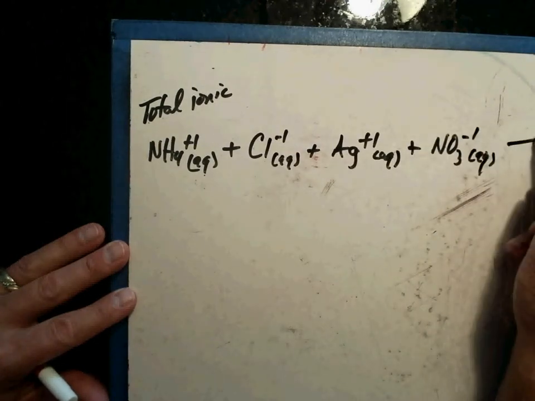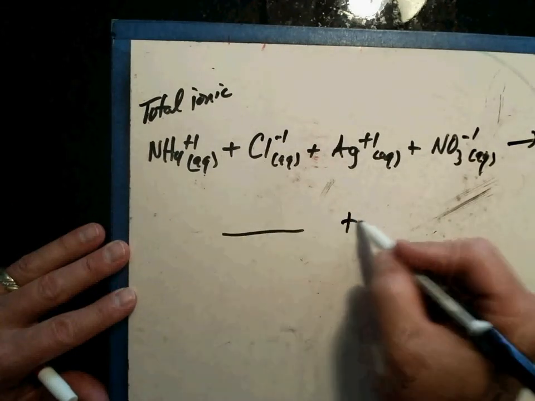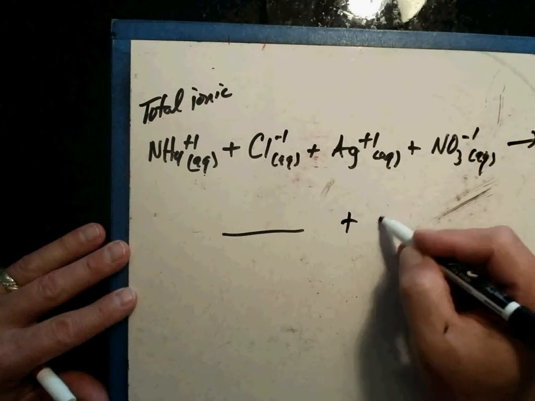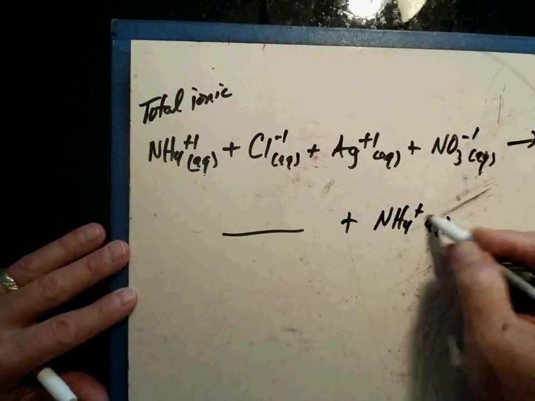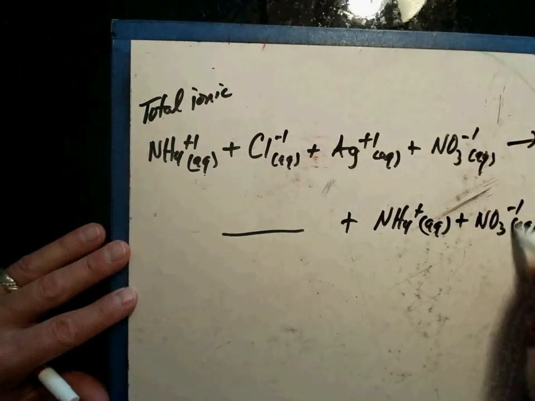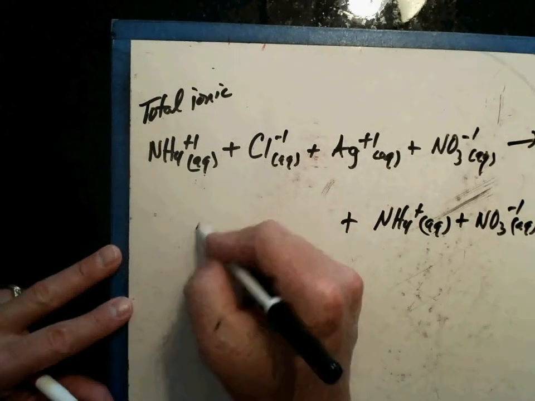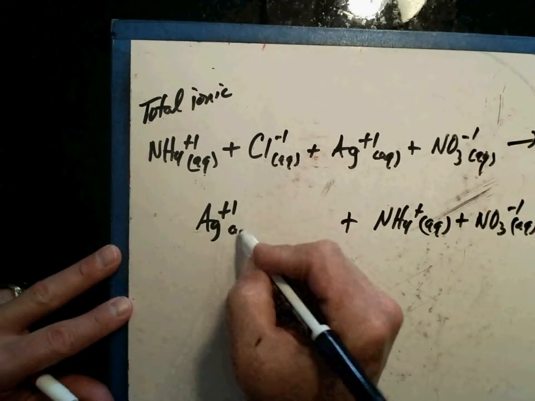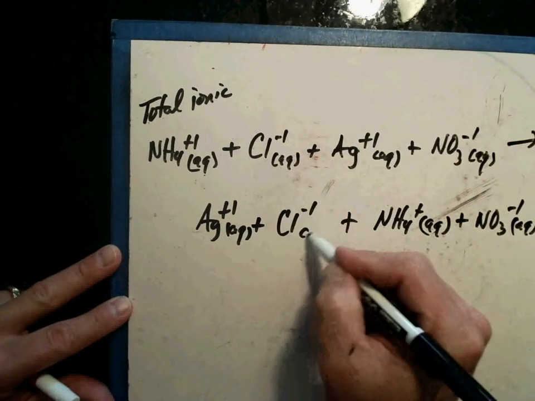Aqueous, arrow, and then you're going to have something plus, and I'm going to explain what that something is in a second, so you're not doing anything yet, you're just following me. Now, your net ionic, I'm going to go ahead and do it like this. It's easier for me to do it than it is for you, so let me go ahead and do it like this, plus Cl minus aqueous.